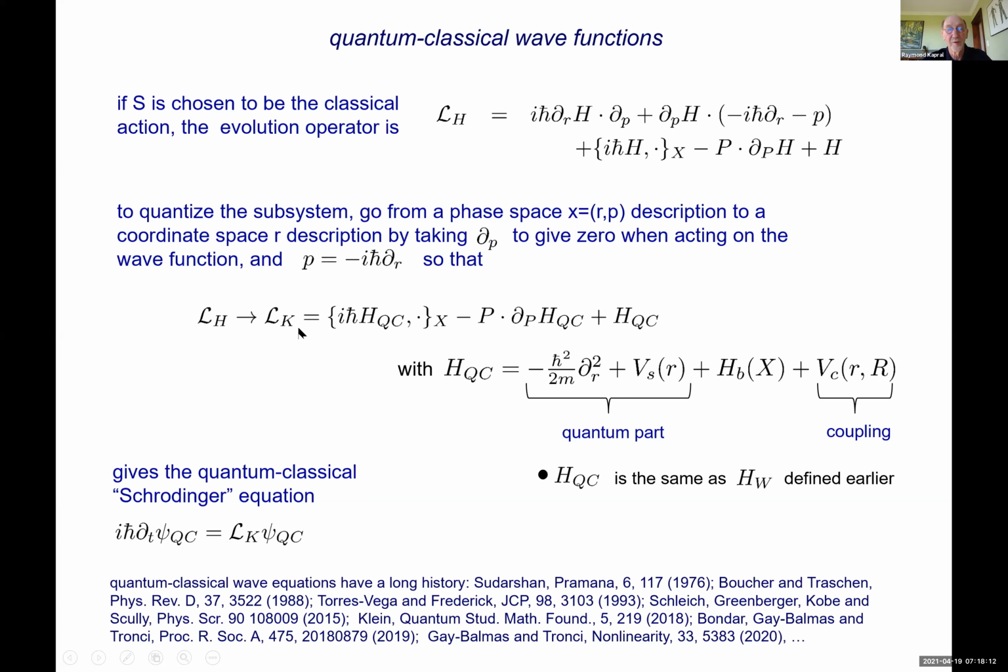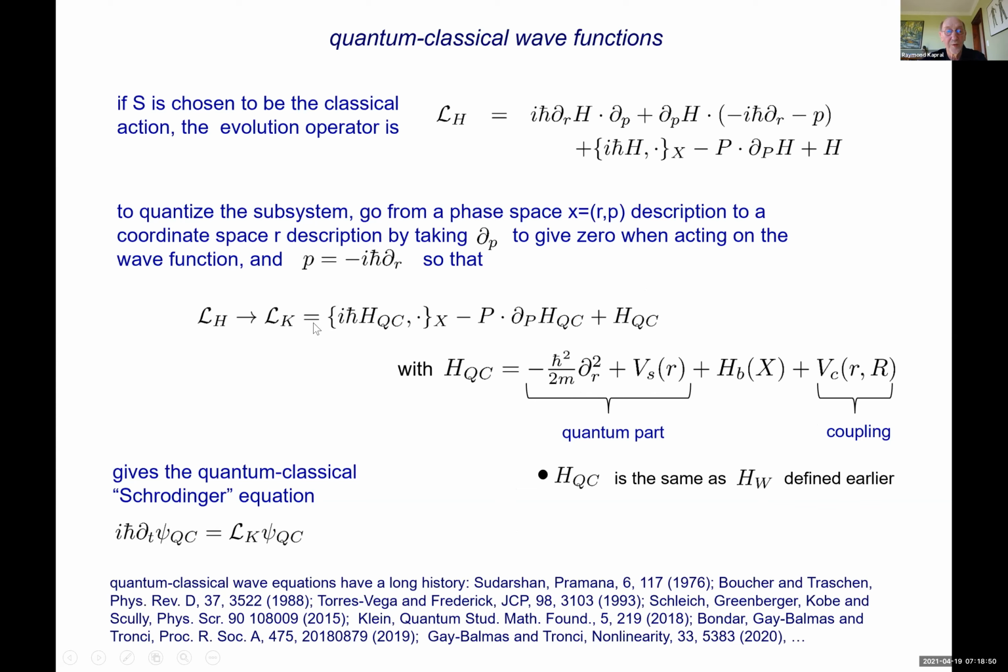In that case, the operator changes to a quantum classical form, and it involves the Poisson bracket of a quantum classical Hamiltonian and an additional term that is like a Lagrangian, but has extra terms. The quantum classical Hamiltonian has a quantum part, a bath part, and a coupling. And in fact, this quantum classical Hamiltonian is exactly the same as the one that I wrote down earlier for the partial Wigner representation.